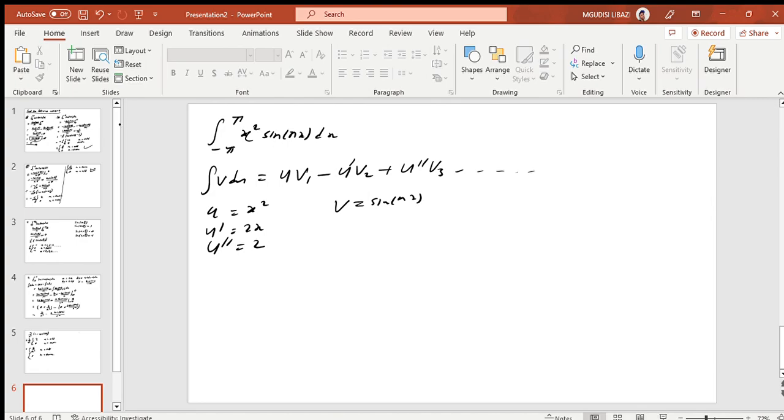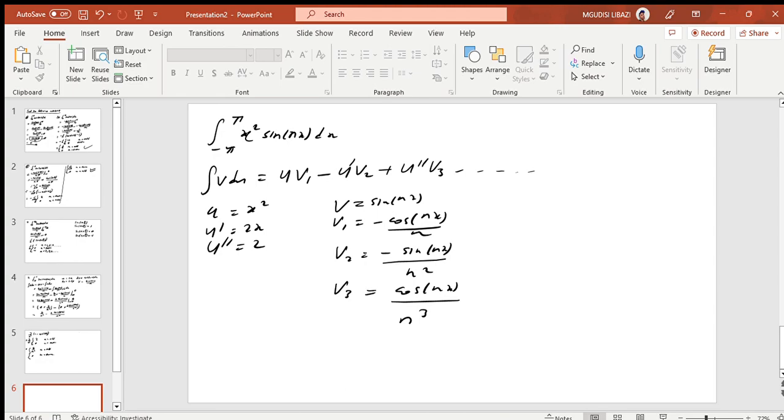Integrating that, v1 is negative cosine of nx divided by n, and then v2 is the integral of v1, which is negative sine of nx divided by n squared, and then v3, the integral of v2, is cosine of nx divided by n raised to 3.